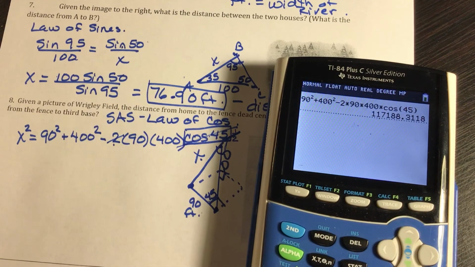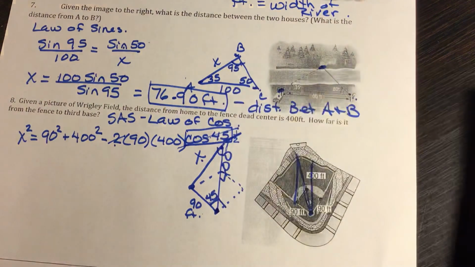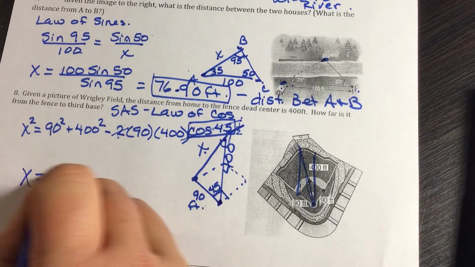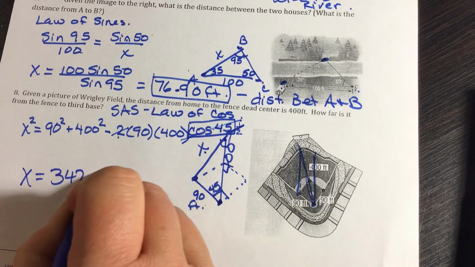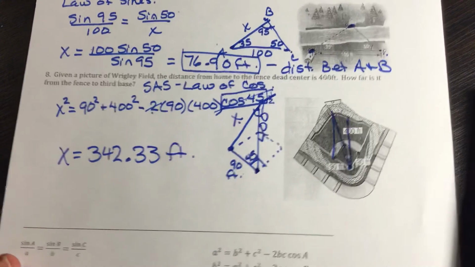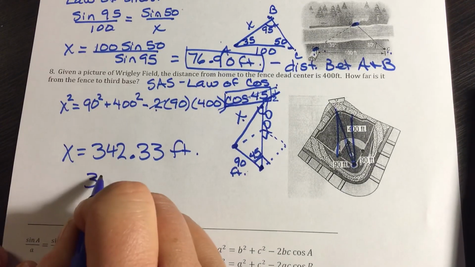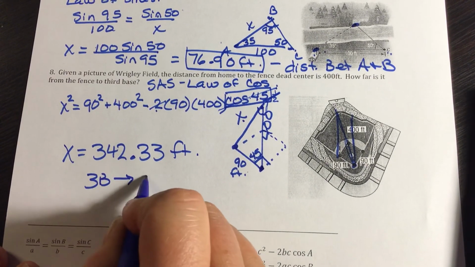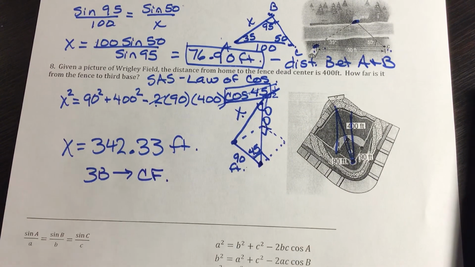And then square root of my answer, and I get 342. That's better. 342.33 feet. And that's from third base to center field.